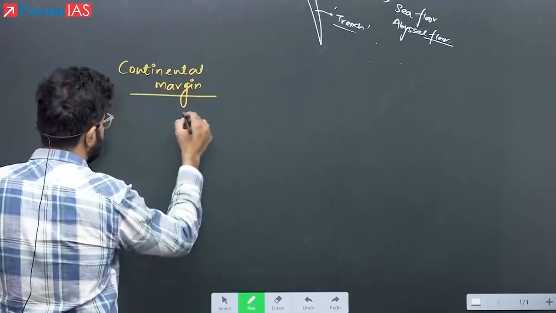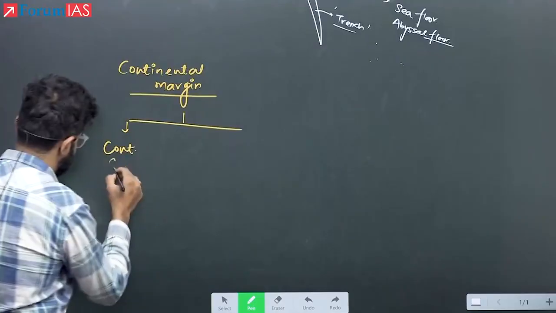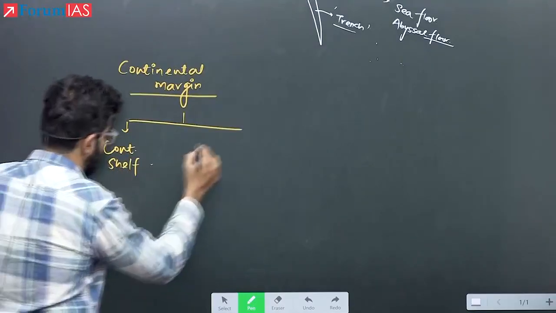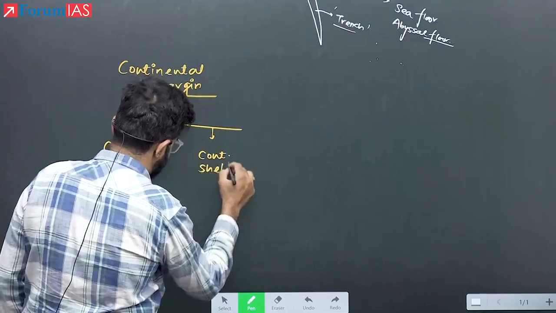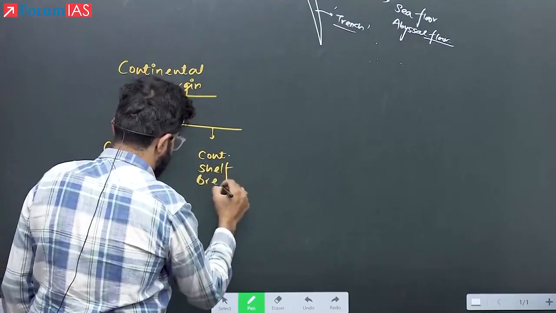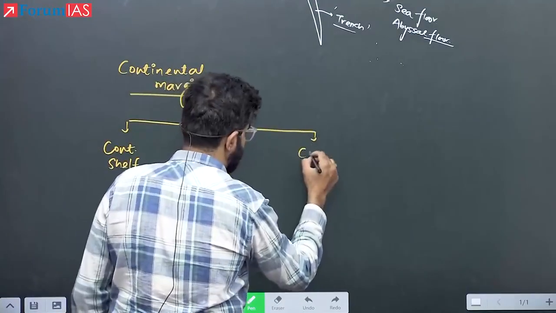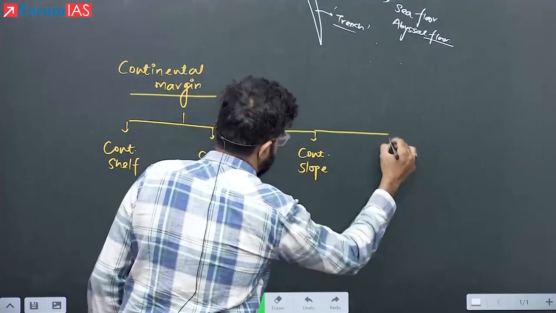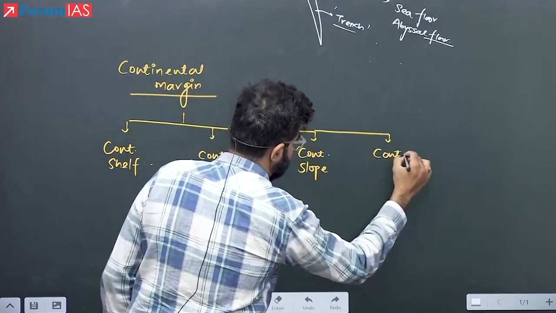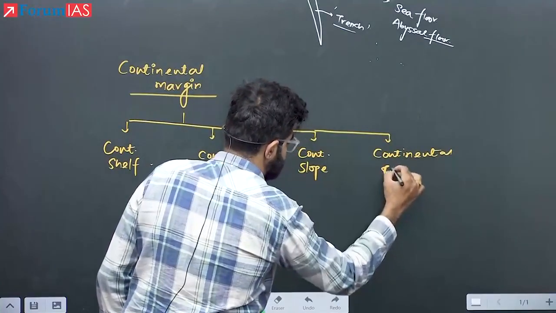We are now going to divide this continental margin into continental shelf first, then continental shelf break or continental break, then continental slope, and then continental rise.